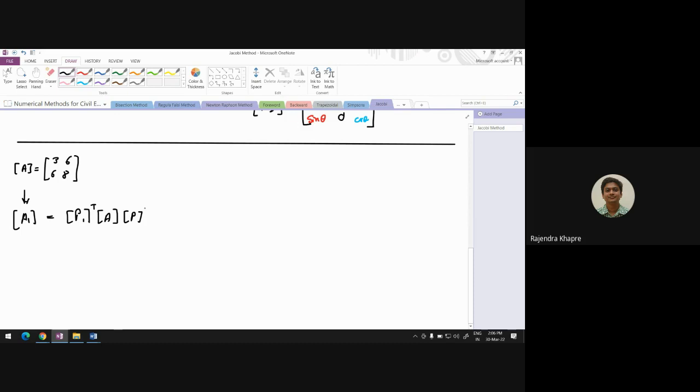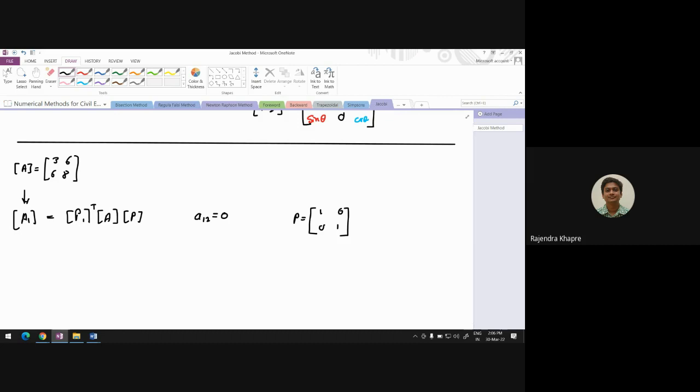Now what should P be? We are basically trying to eliminate location number 1 2, making it equal to 0. And what is your P? Usually the P value is the identity matrix.